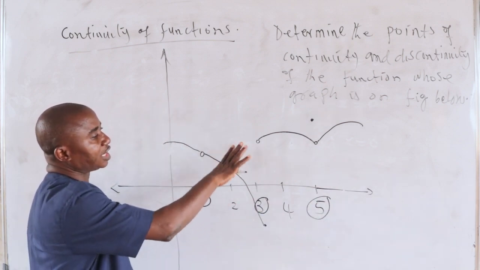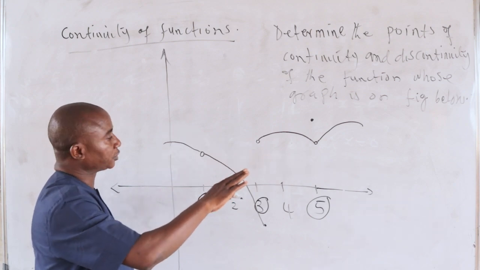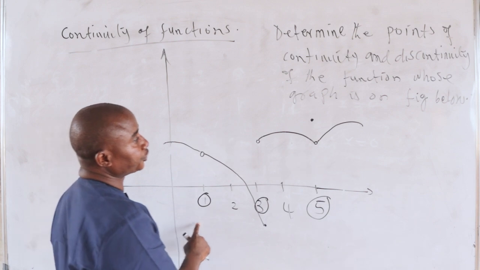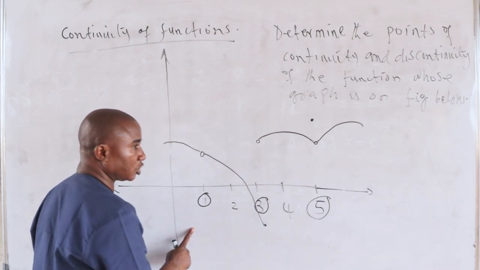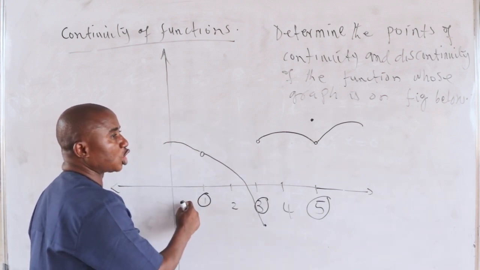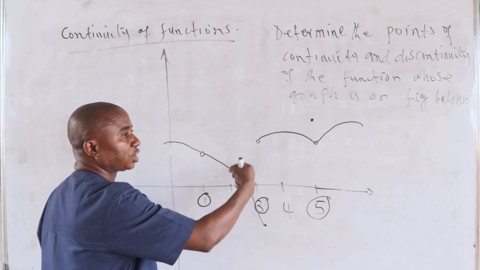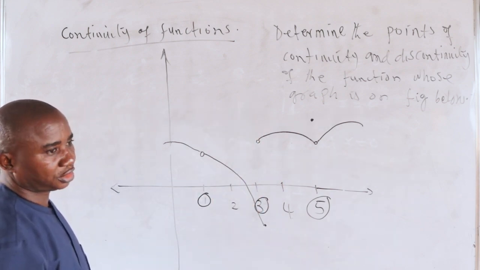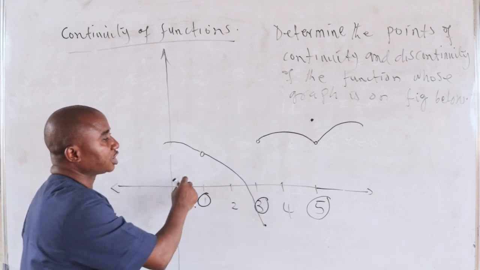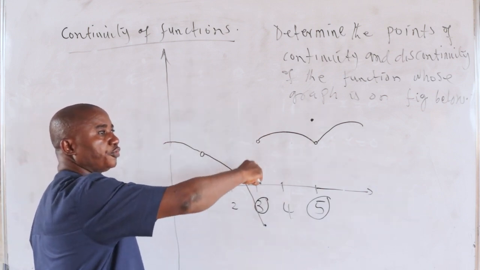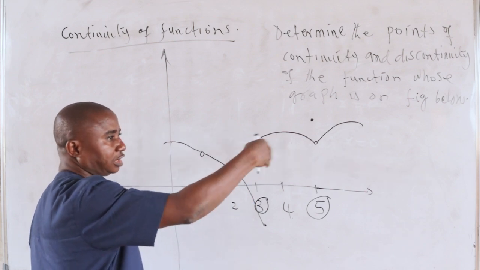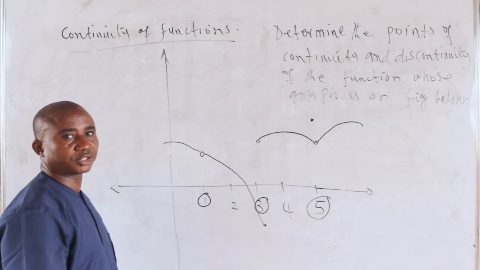So this is how you can read off discontinuities just by looking at the graph. And so it suffices to say that a function is continuous if we can draw the graph of that function without removing our pen from the paper. Do you understand? So a function whose graph we can draw without removing our pen from the paper is said to be continuous within the domain of definition of that function.